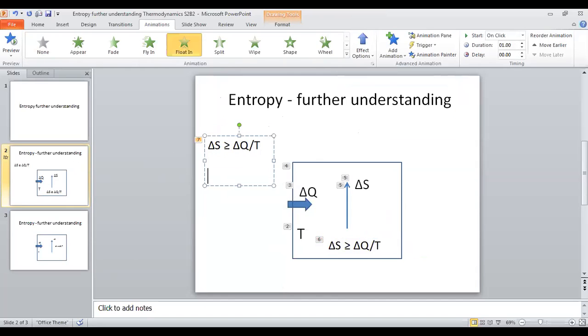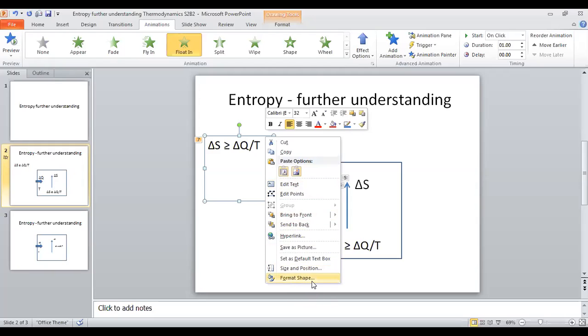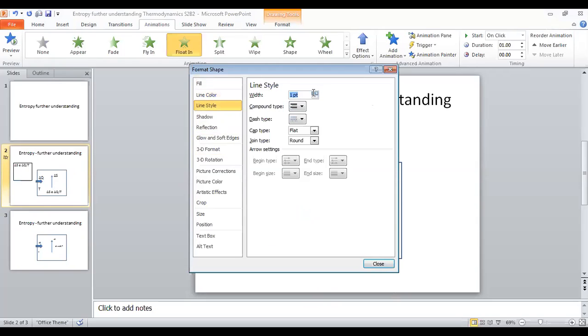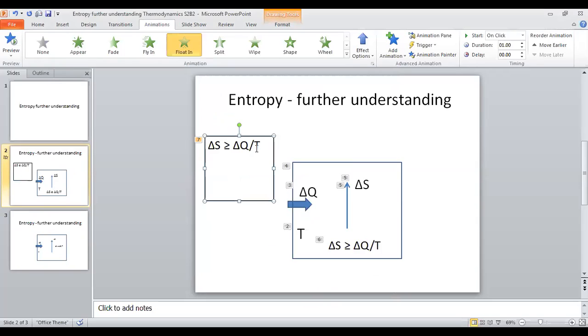So here you can see delta S is greater than delta Q by T, and delta S is equal to delta Q by T. Two expressions are there, so now I am writing the two expressions representing this.